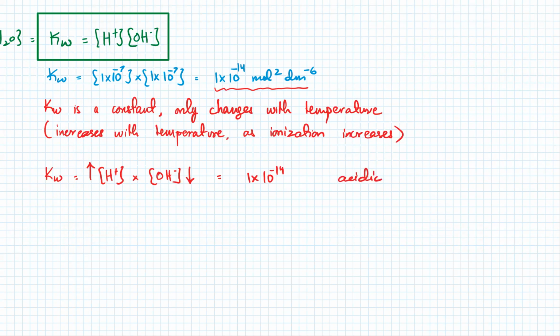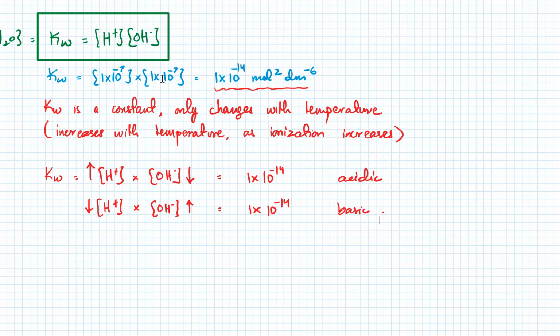Yep, it's clear. So in an acidic environment, H+1 goes up in the solution and OH ions come down. Vice versa, in a basic environment, H+1 decreases and your OH ion goes up. But the product still remains 1 times 10 to the power minus 14. We already did the basic condition.